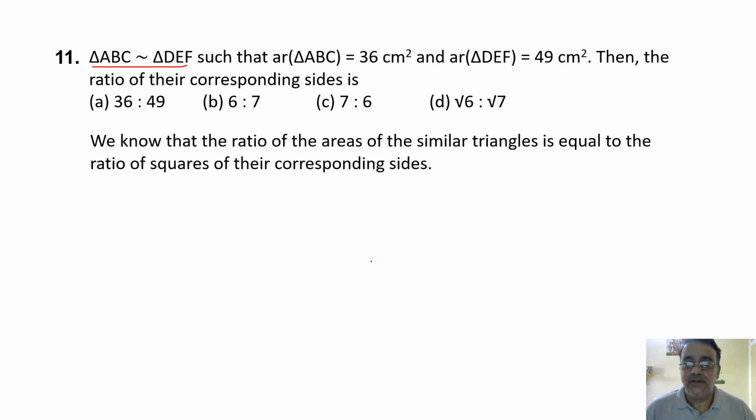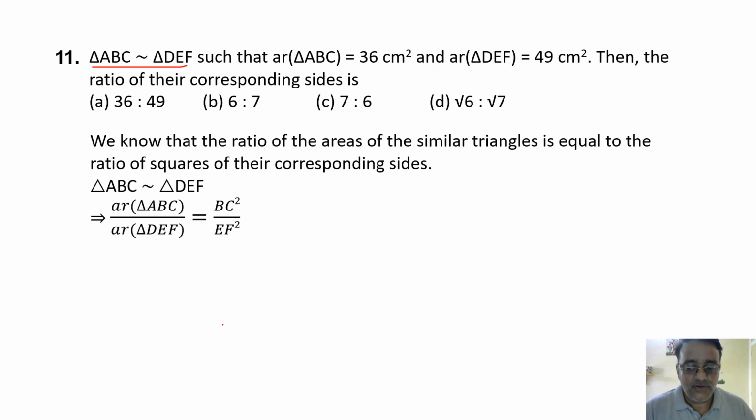So area of triangle ABC upon area of triangle DEF is BC square upon EF square, taking the corresponding sides BC and EF. So 36 upon 49 is equal to BC square upon EF square. Now what is the square root of 36 upon 49? 6 by 7. And this is the required answer.